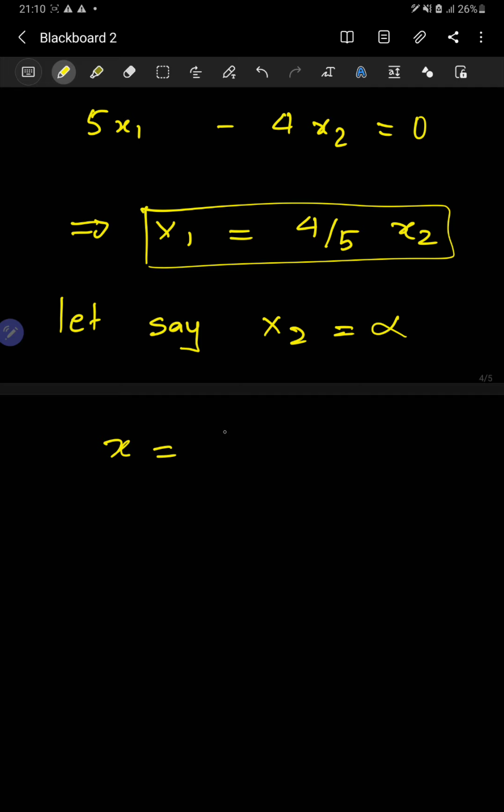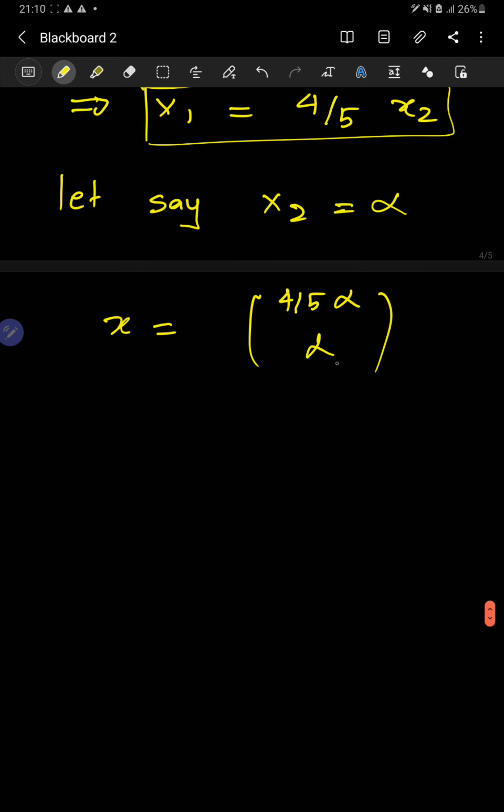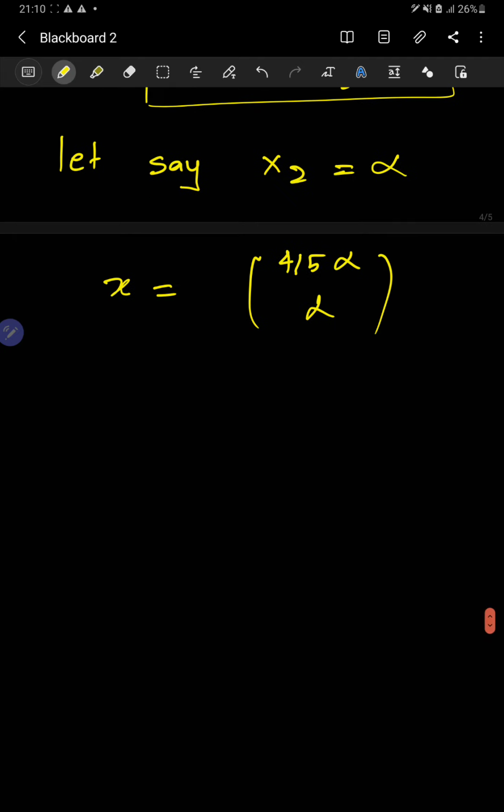So x is the vector (4/5 alpha, alpha). Obviously I should have used a vector sign, but since it's obvious here, I've avoided it. If x2 is alpha, your x1 is 4 over 5 alpha. This is the eigenvector corresponding to lambda equals 2.